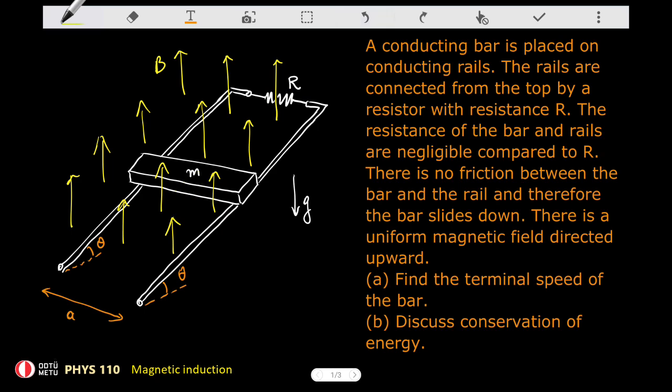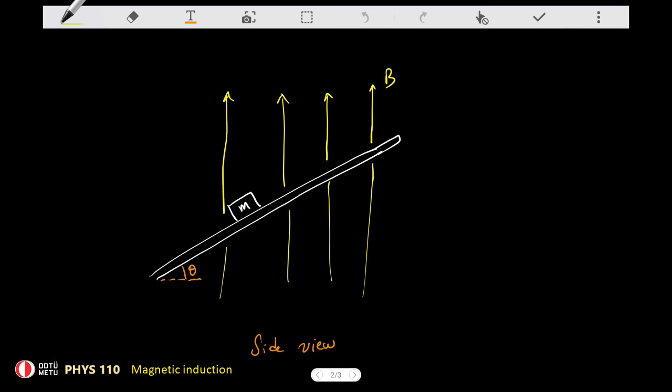But of course, the bar cannot accelerate forever because there's an additional magnetic force which slows it down. So eventually, the bar is going to reach a terminal speed, and we are going to find this. And after that, I'm going to compute the essential quantity so that we can discuss the conservation of energy statement. All right, so that's the side view.